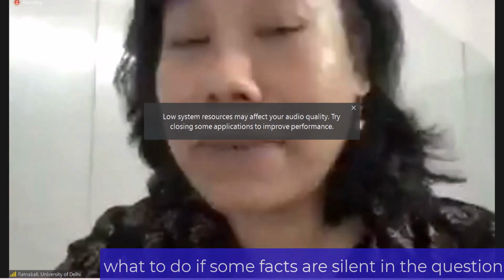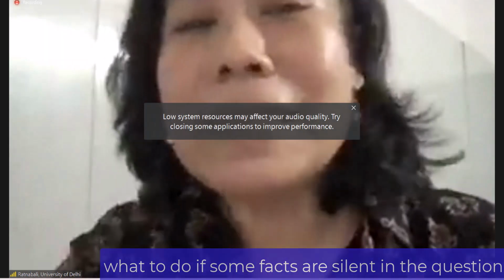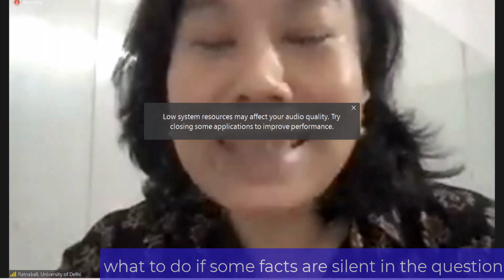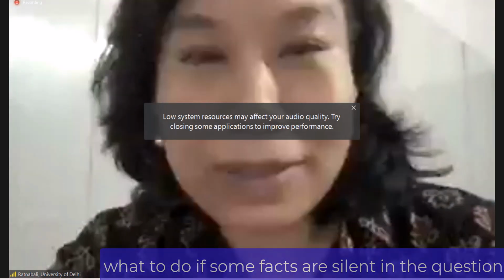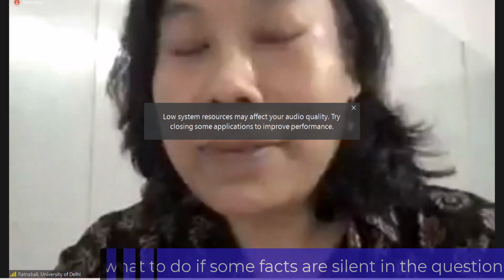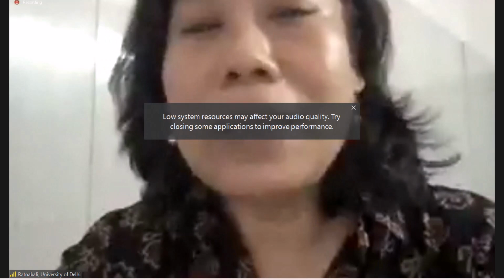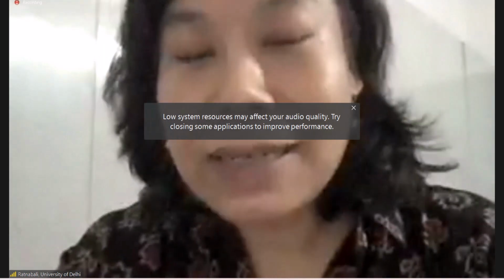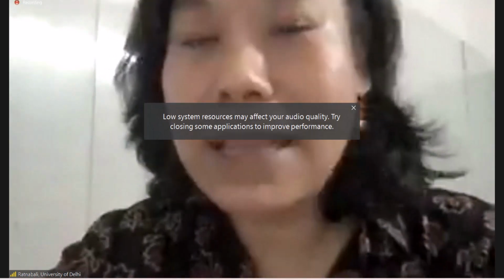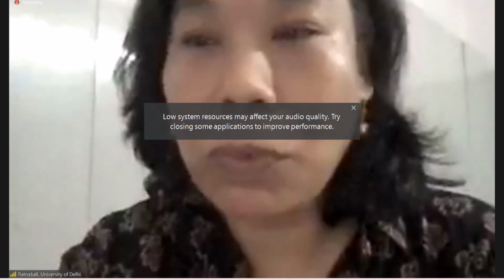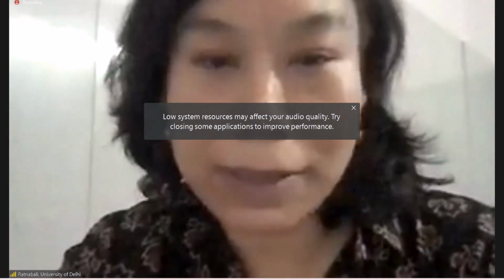If the fact is otherwise, then it will be different, because sometimes facts are made silent in a question to see how a student will decide. So you need to read the question and cull out the relevant facts, so that you are able to see what facts are silent, and therefore you have to adopt both lines of argument and then come to the decision part.